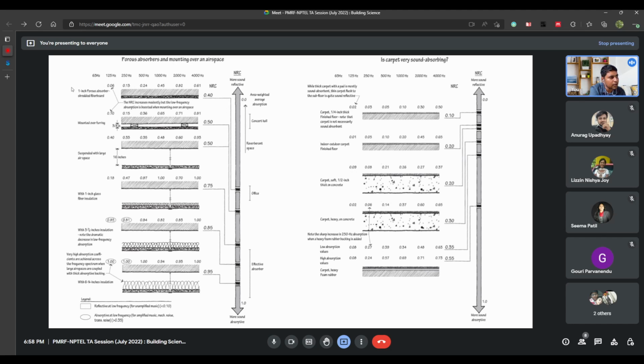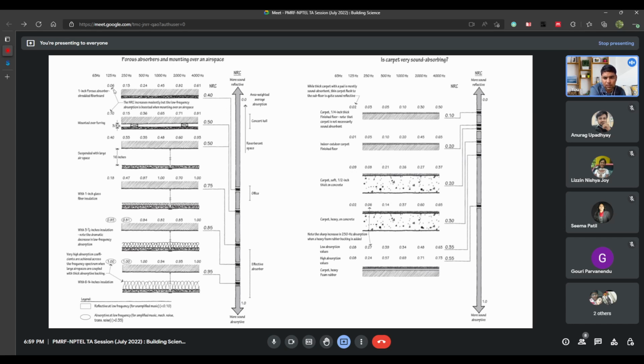So if you have a 1-inch porous absorber along with shredded fiber board, it will have a very good absorption coefficient at the higher frequency level of 2000 Hertz, which has an absorption coefficient of 0.82. But when you look into the lower frequency range, its absorption coefficient is pretty low.